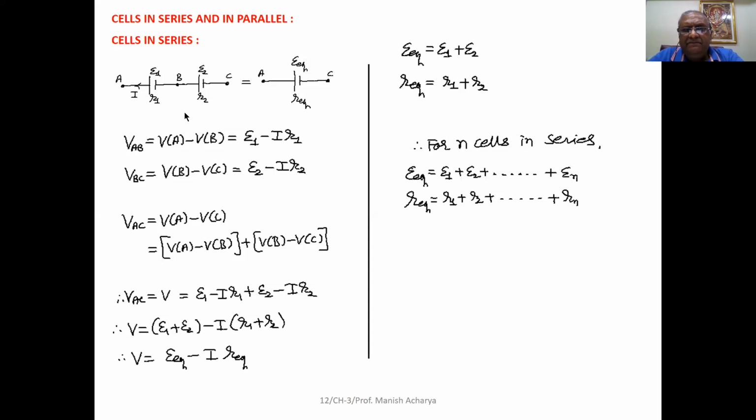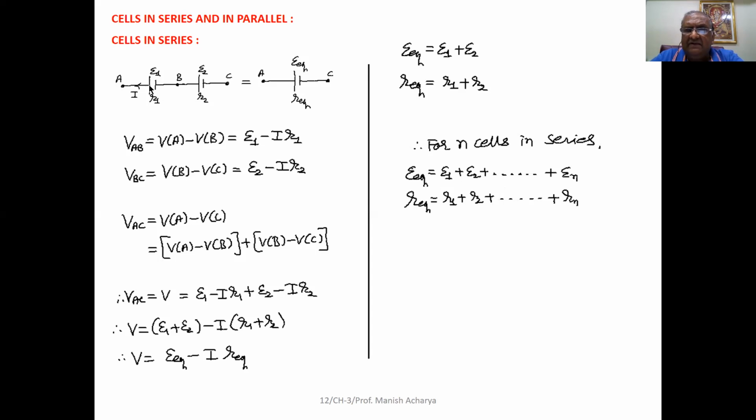Now here see, in this series combination, the cells are connected like this: positive, negative, then after that positive, negative. So in this case, we write E1 plus E2 plus E3 plus up to En. But suppose any cell is connected in the opposite manner.